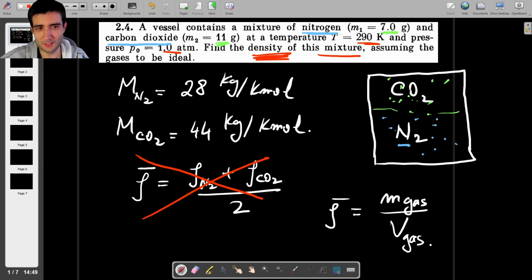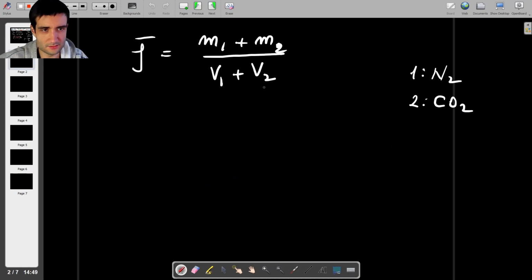In reality the molecules are mixed together, but nitrogen takes up a volume V1 and CO2 takes up a volume V2. Now we know what M1 and M2 are, the question tells us, but we don't know anything about V1 or V2.